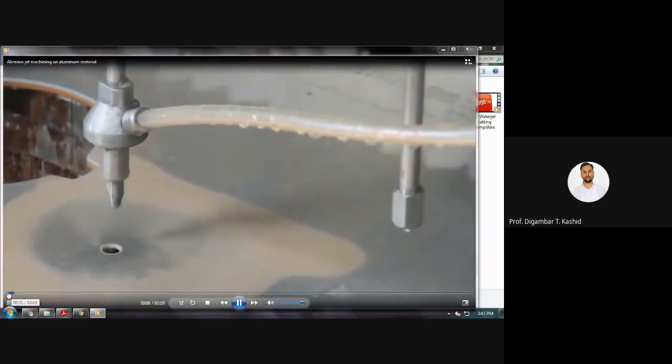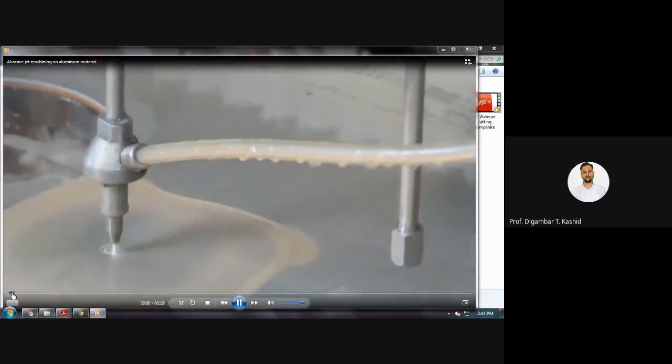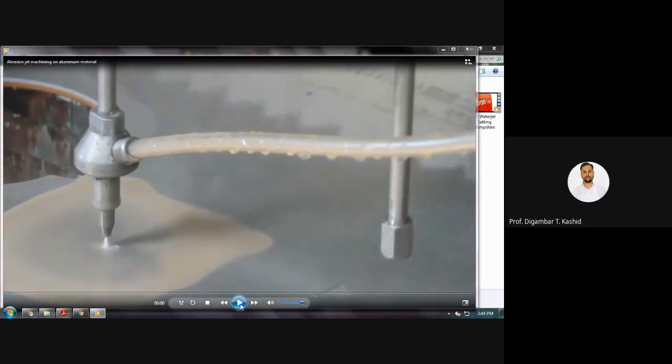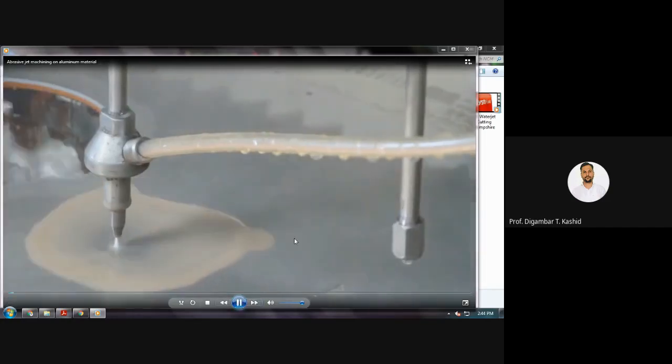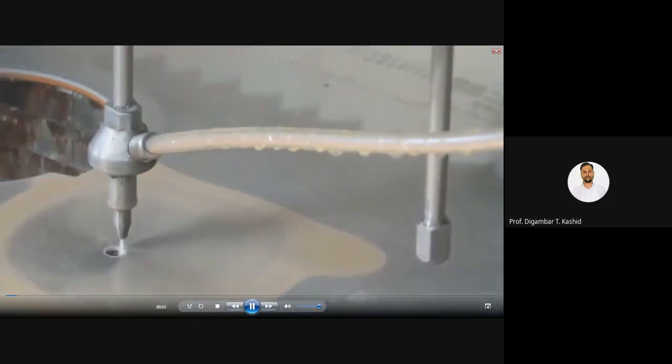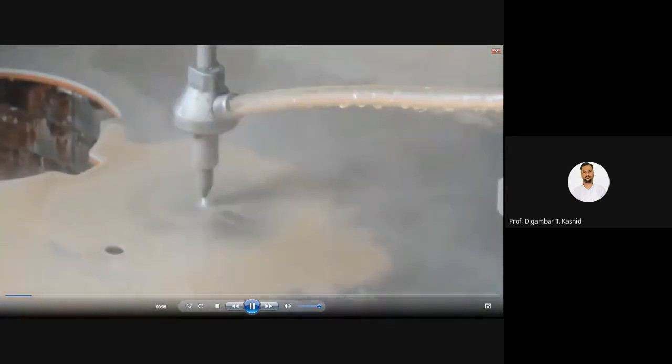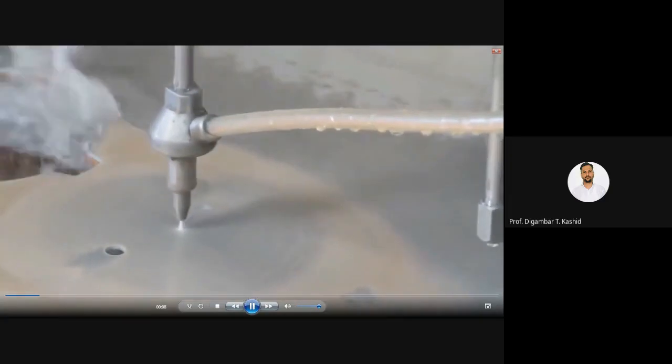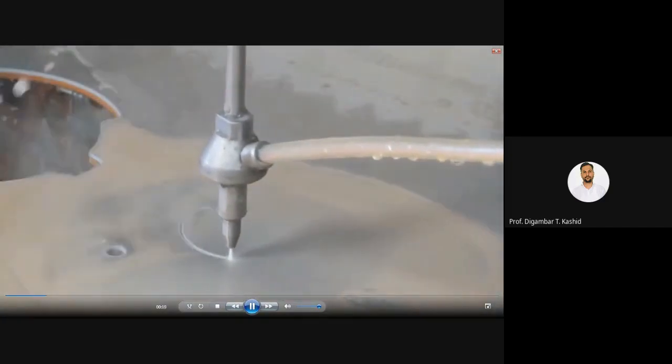Here, one practical application is there: abrasive machining on aluminum material. Okay, you can see. See, this is the abrasive jet machining.